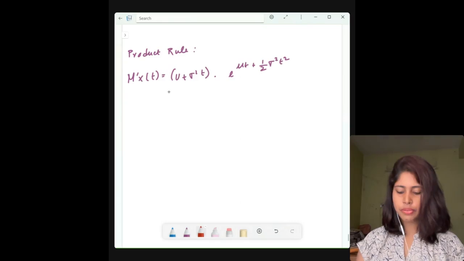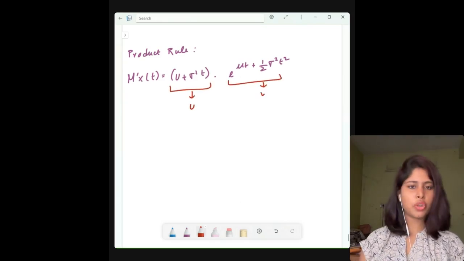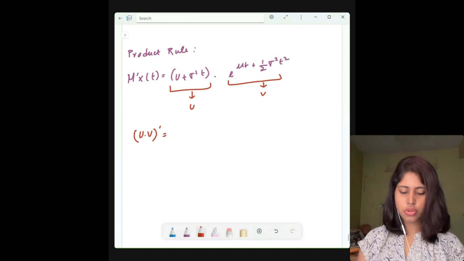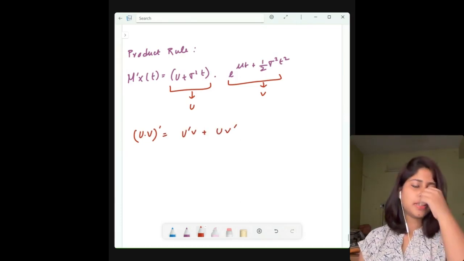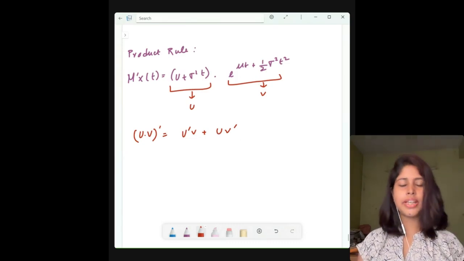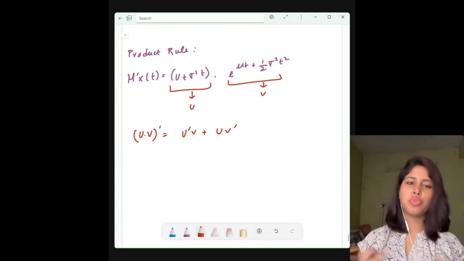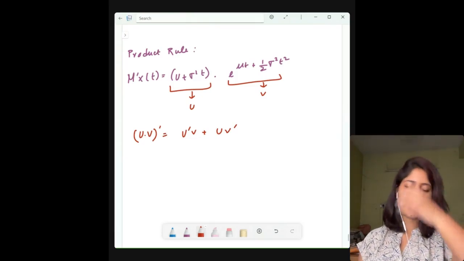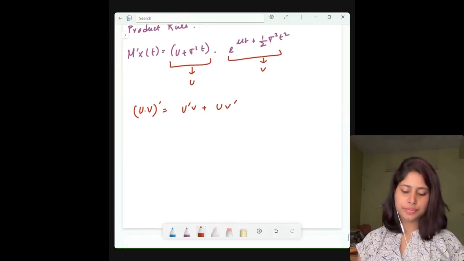So this part will be our u and this part will be our v. And the product rule is basically (u dot v) whole dash equals u dash v plus u v dash. This is a very standard method and a very simple thing which we have been doing for the past 2-3 years. Anyway, now let me do it.